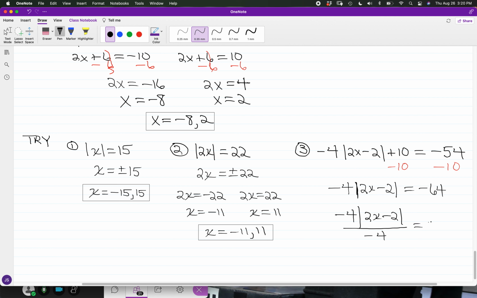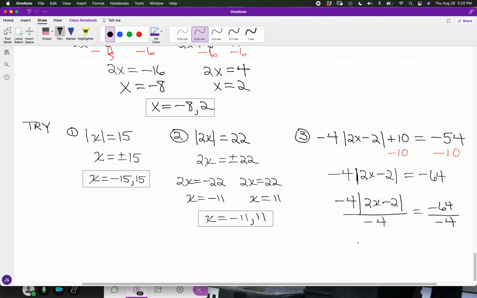So in dividing by negative 4, this is going to come down to the absolute value of 2x minus 2, still the absolute value notation, and negative 64 divided by negative 4 is going to be a positive 16.